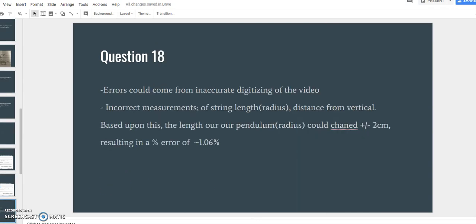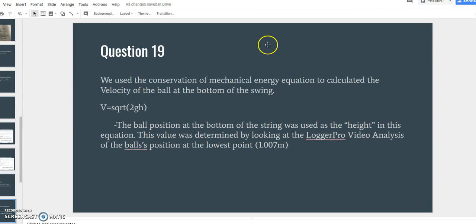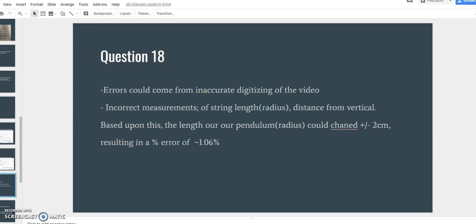Question 18. Estimate the percent error in your determination of tension in the string at the lowest point of the ball. So again, errors could have come from inaccurate digitizing of video, incorrect measurements of string length, the radius, or the distance from the vertical.